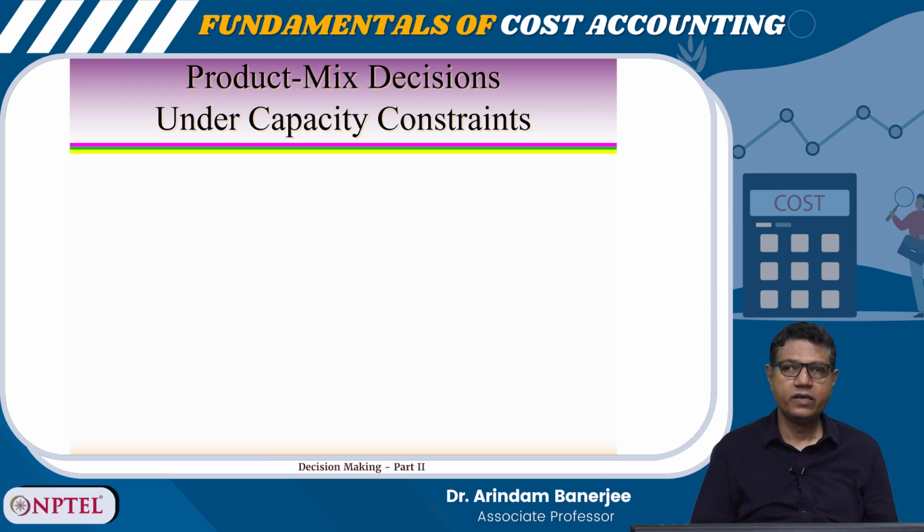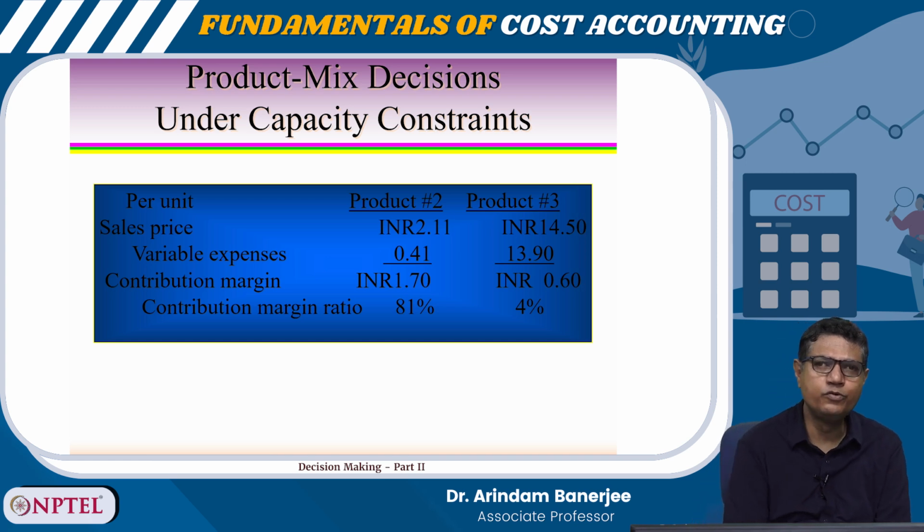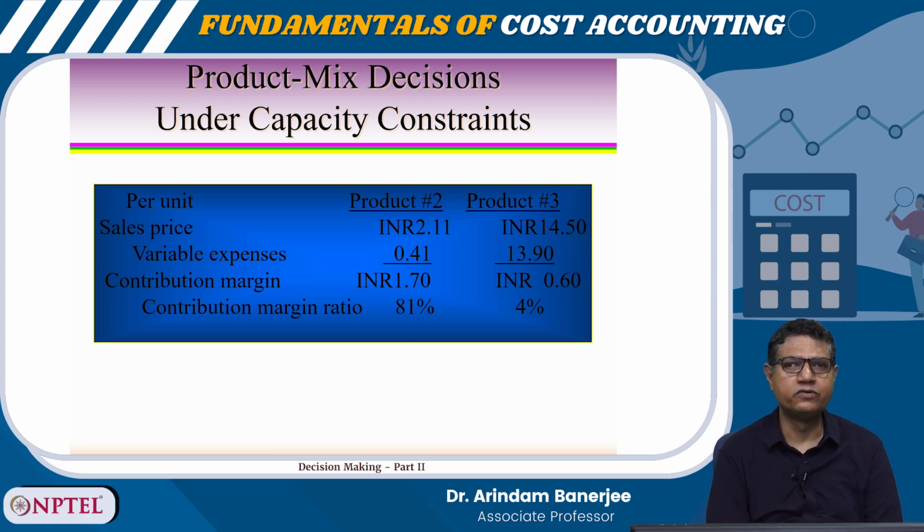Fine. So now say there are two examples, product 2 and product 3. The sales price for product 2 is 2.11, for product 3 it is 14.50. The variable expense for product 2 is 0.41 and for product 3 it is 13.90.